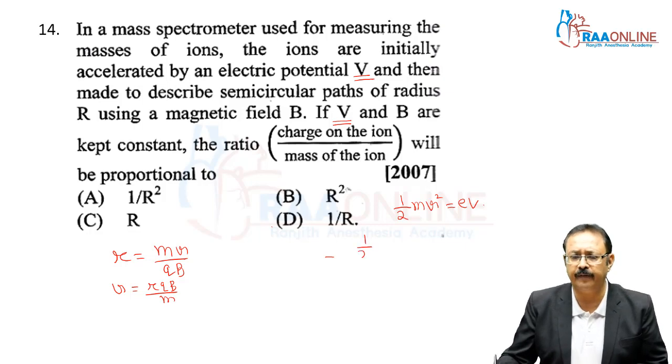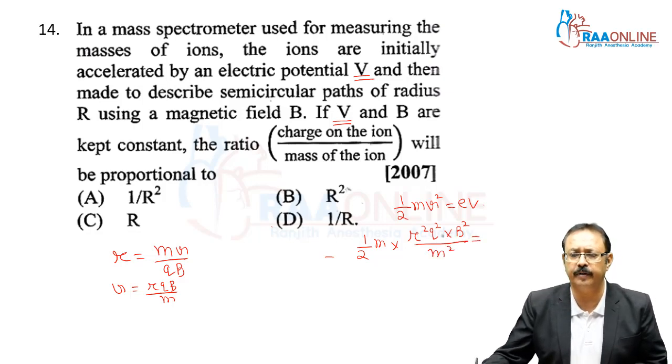So half M V square means R square Q square B square divided by M square. E into V means charge Q into voltage.